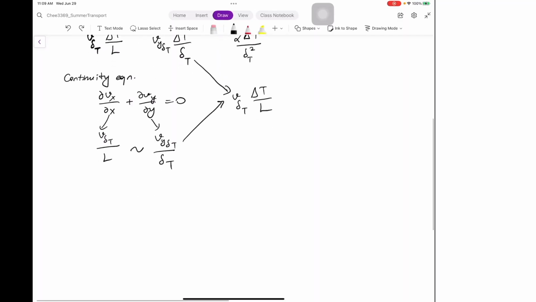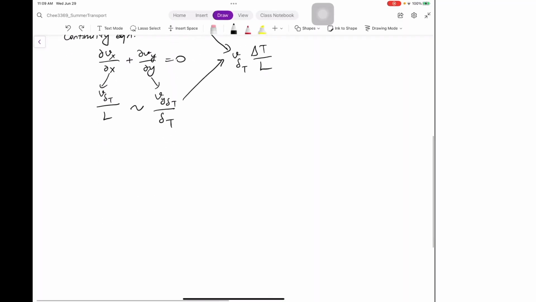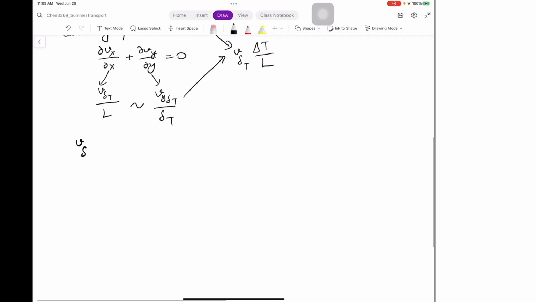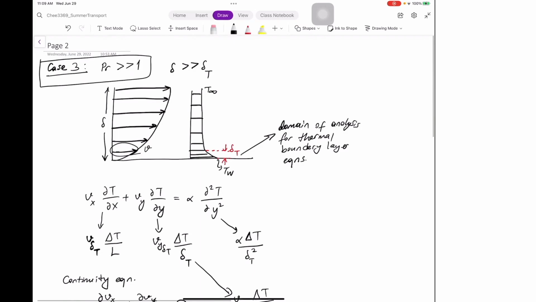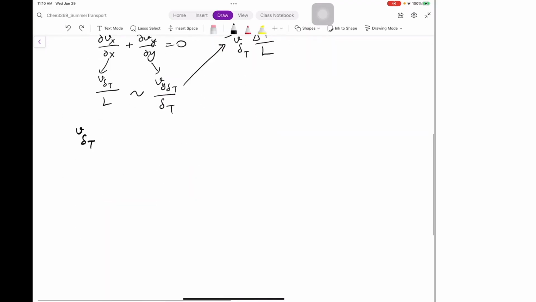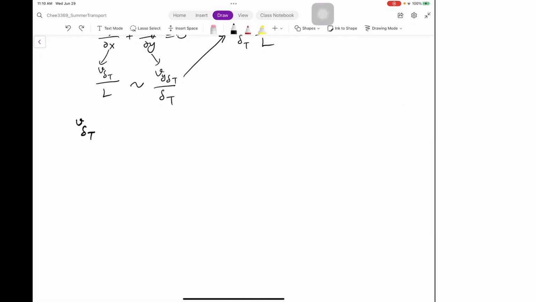And what about the V delta T? So can I get an idea about V delta T? Meaning that, what is this V delta T with respect to this V delta or V infinity, in other words? So how can I relate the two? So I can make a really rough order of magnitude estimation.